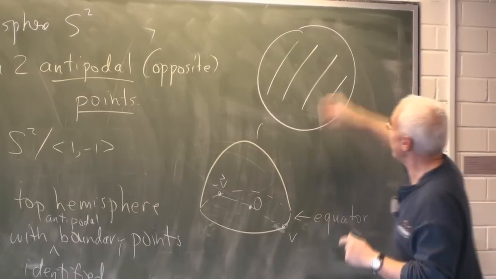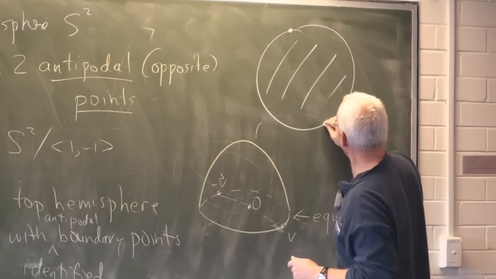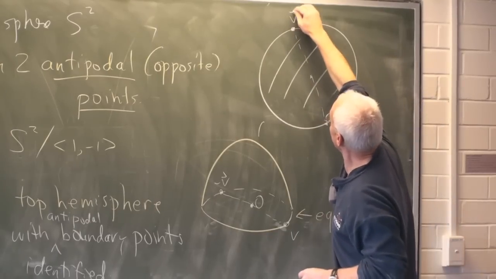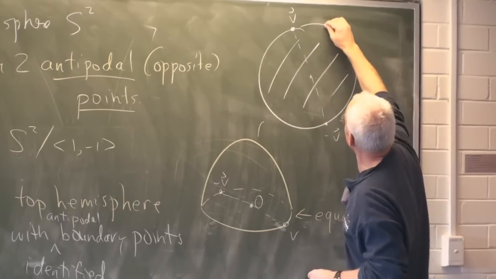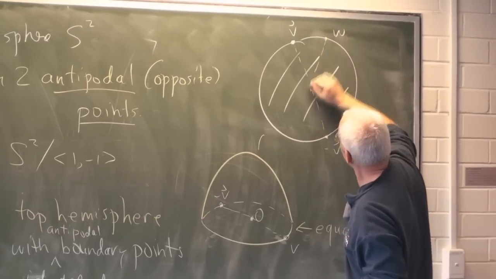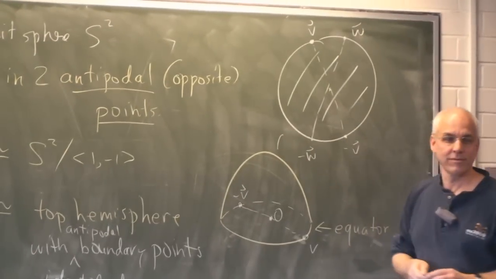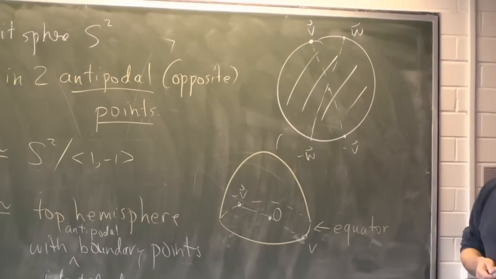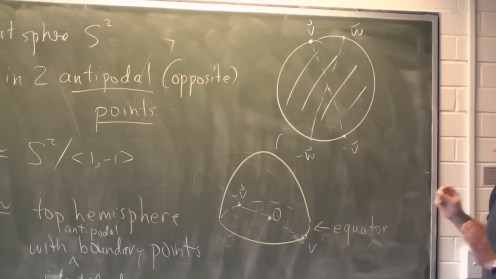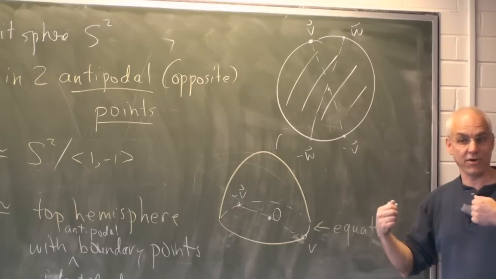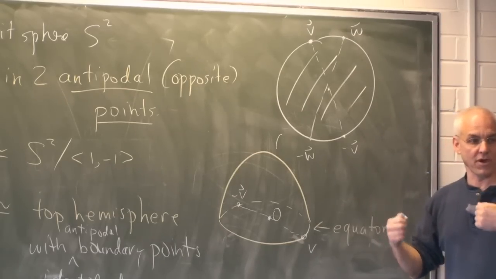We have to identify this point with this point. There's V, there's minus V. We have to identify this point with this point, and so on. So what we really need to do is glue the two sides of the disk together in a rather unorthodox way.